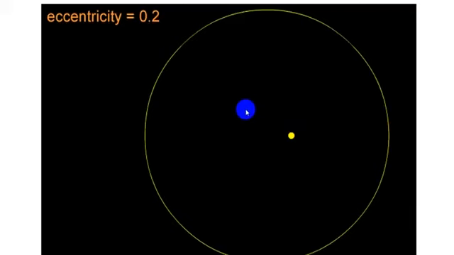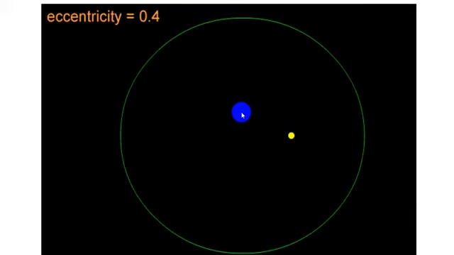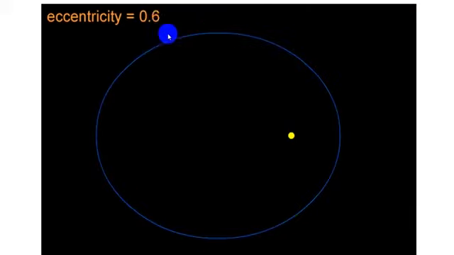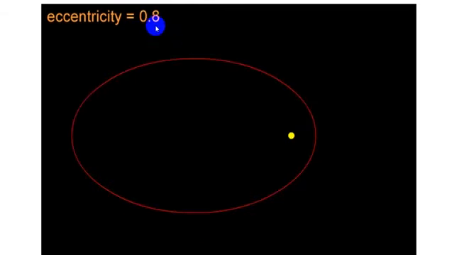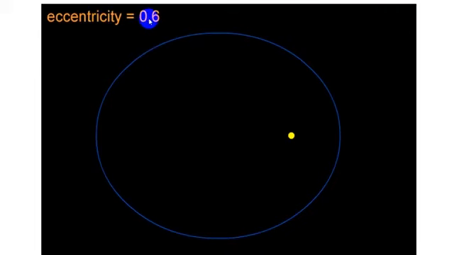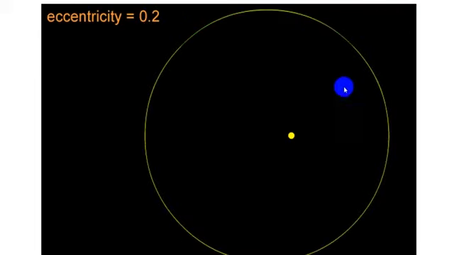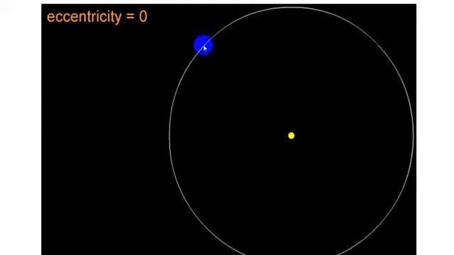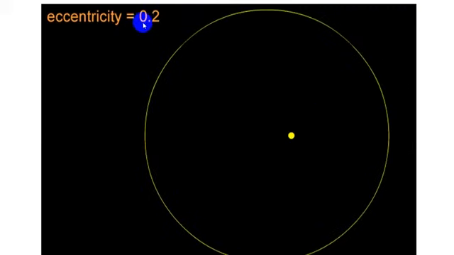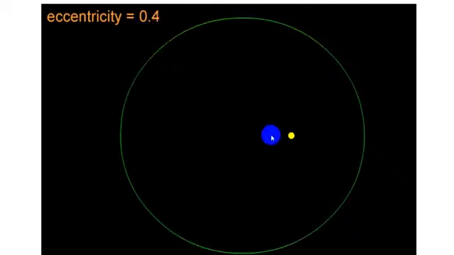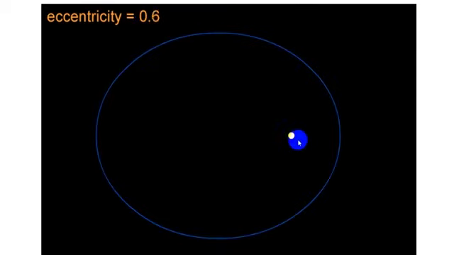If we go down, it will be 4, 6, 8, so more oval. The more that one increases, the circle shape changes, and the more it decreases, the shape changes to the oval again, our ellipse.